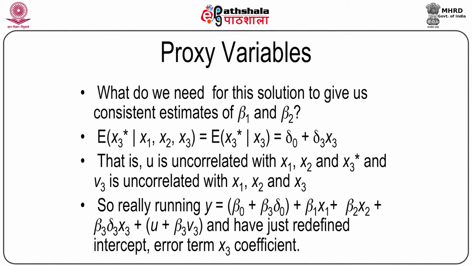That is, u is uncorrelated with x1, x2 and x3 star, and v3 is also uncorrelated with x1, x2 and x3. So we are really running a regression y equals beta naught plus beta 3 delta naught plus beta 1 x1 plus beta 2 x2 plus beta 3 delta 3 x3 plus u plus beta 3 v3, and have just redefined the intercept, error term and x3 coefficient.